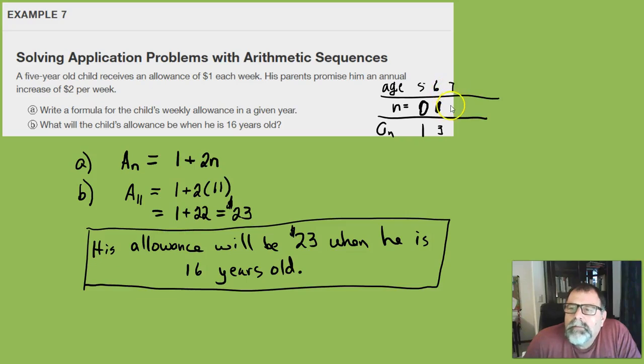And then age 7 is 2, 8, 9 is 4, 10 is 5, 11 is 6. So you can see 11 minus 5 would be 6. Oh yeah, that makes sense. So 10 minus 5 would be 5. Okay, so if we go to 16, 16 minus 5 would be 11. So we did it right. Just wanted to double check that. 5, 7, 9, 11, 13, 15, then 23.